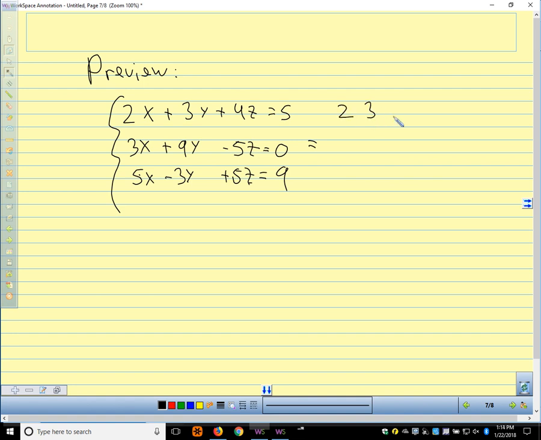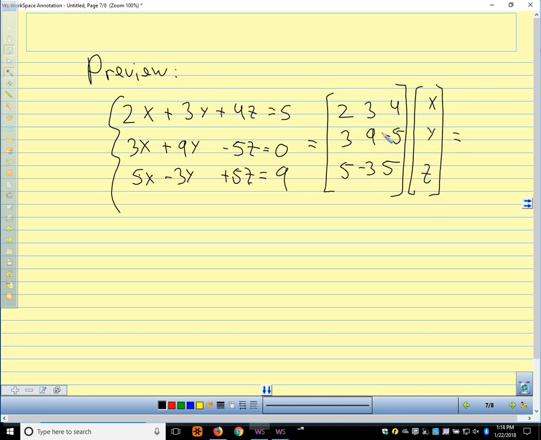So 2, 3, 4, 3, 9, negative 5, 5, negative 3, 5, times the matrix x, y, z equals the matrix 5, 0, 9.